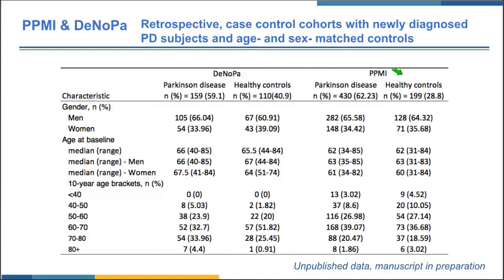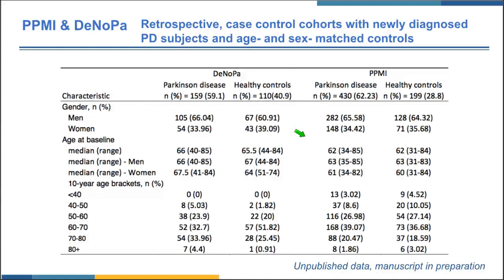And PPMI is a larger cohort. It's an international cohort in the United States and Canada, and I think it also has a European site as well. It has 430 Parkinson's disease patients and 199 healthy controls, and again the healthy controls are age and sex matched. You can see in this table the gender distribution across cohorts and disease groups, and also their age distribution.